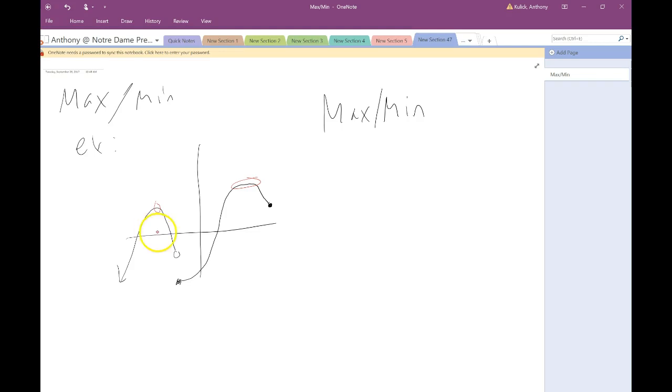So let's say maybe this is the x value of -3, and this is starting at +3 and going to +4 or something. So I have maximums at x.